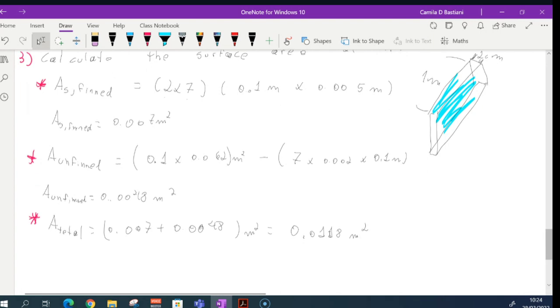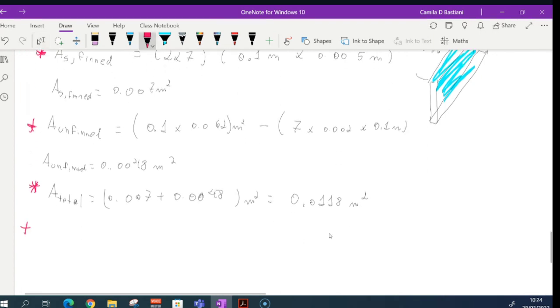Now I'm going to use this area of heat transfer to find my h of convection, or my overall heat transfer coefficient. In this case, you're not considering radiation, so that would be my h of convection.